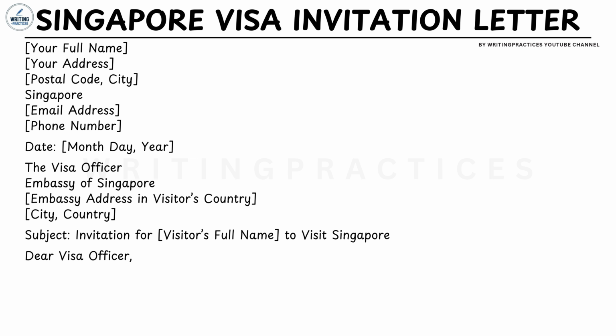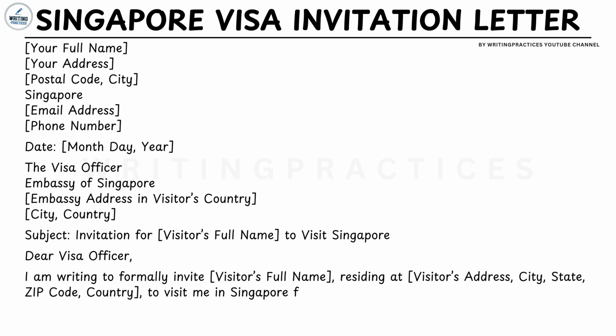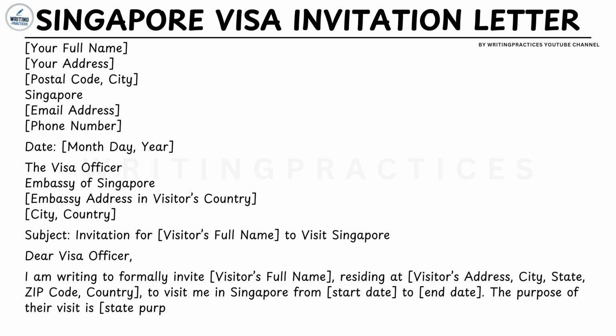Opening paragraph. Purpose of the visit. In the opening paragraph, introduce the visitor and explain the purpose of their trip. Be specific about the dates of the visit and where they will stay. For example, I am writing to formally invite Jane Doe, residing at 789 Park Avenue, Mumbai, India, to visit me in Singapore from April 10, 2025 to May 10, 2025.